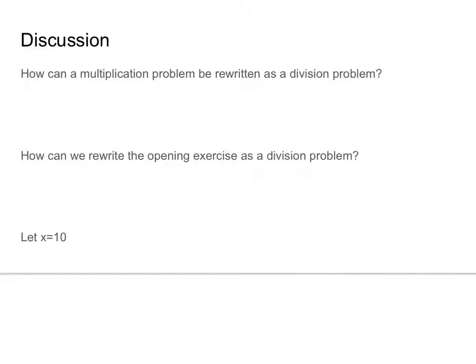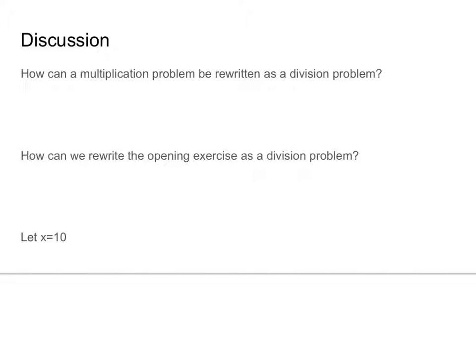All right, now we can get into a little bit of the lesson. So, our discussion, it's a one-sided discussion where you're going to sort of follow along and think to yourself, how can a multiplication problem be rewritten as a division problem?